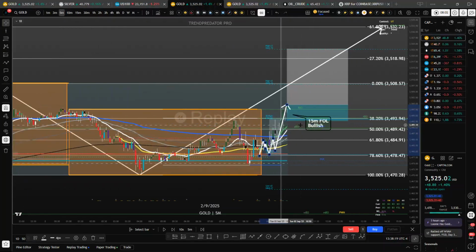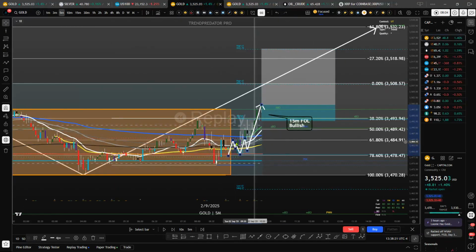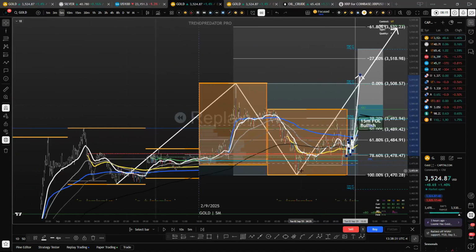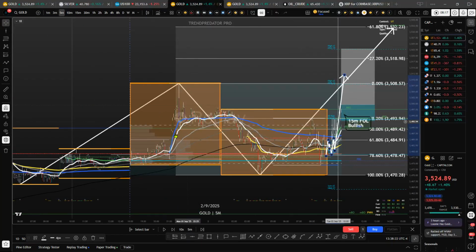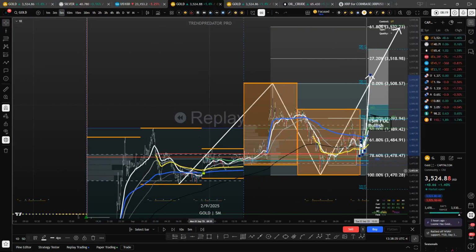Parabolic session, coil into the opening range at the lows of near enough the day, supported by the closing price, and off she goes. And overall, we've got this nice move up, so dump and pump.